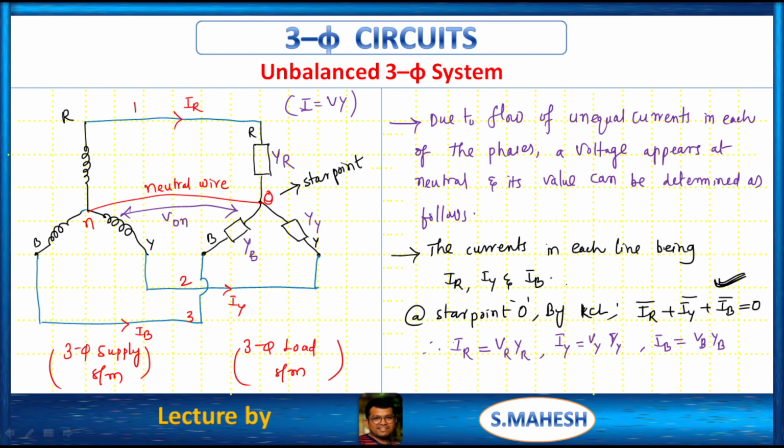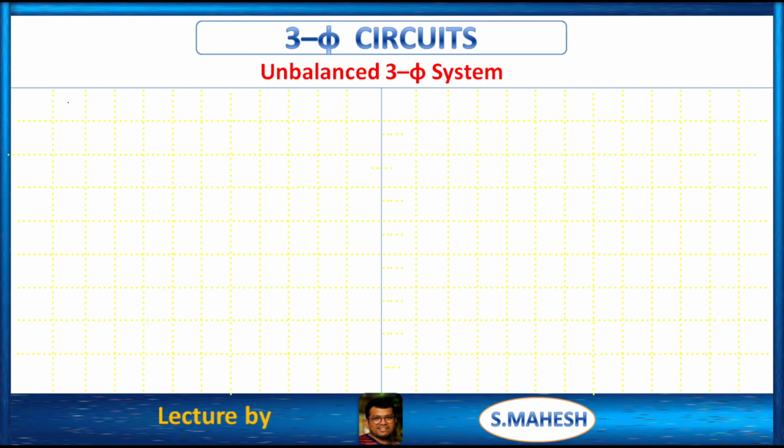Therefore, the current through that branch is nothing but VRO, VYO, VBO. Then we have VRO YR plus VYO YY plus VBO YB, which is equal to 0, right?